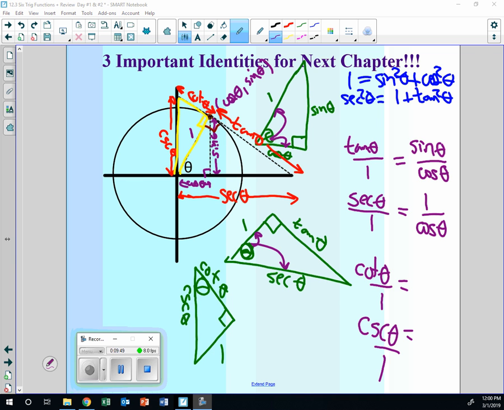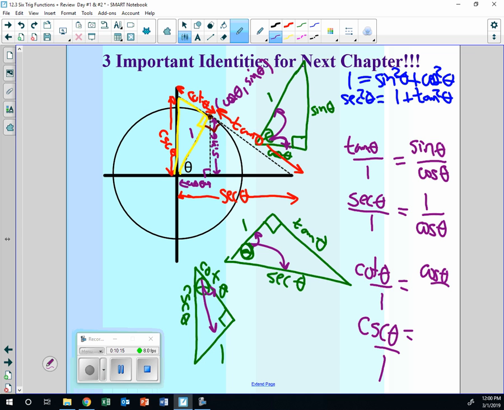This is a time to wrap this up. So cotangent, if I look at cotangent, it's the adjacent next to the theta. So the adjacent next to theta here is cosine. And did anybody get cosine over what? Where's 1? Hypotenuse or straight across? Straight across.